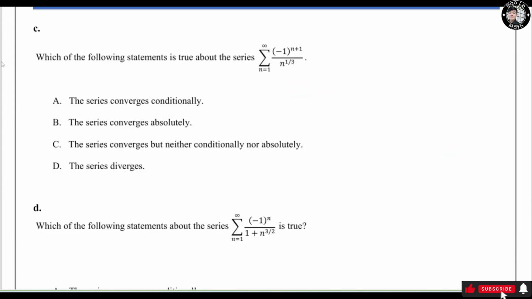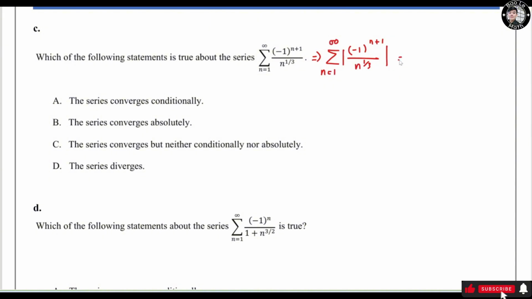Question C. Which of the following statements is true about the series? First we need to check the absolute value. So we have the series of the absolute value of negative 1 to the n plus 1 over n to the power 1 third, when n goes from 1 to infinity.